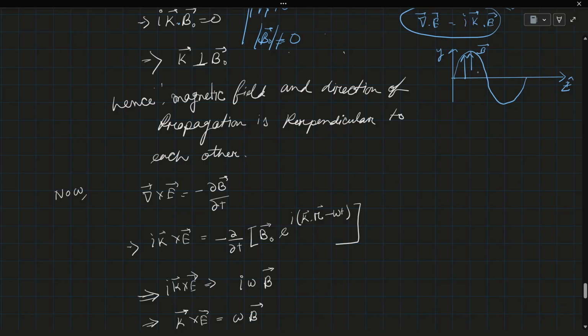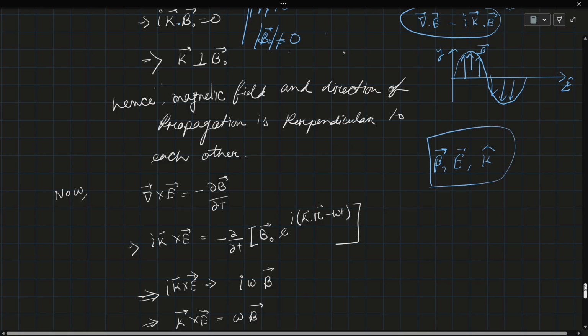So the direction of propagation and the direction of the magnetic field will be perpendicular to each other. Now I am going to show that E, B and Z, that means the k vector, are all perpendicular to each other.